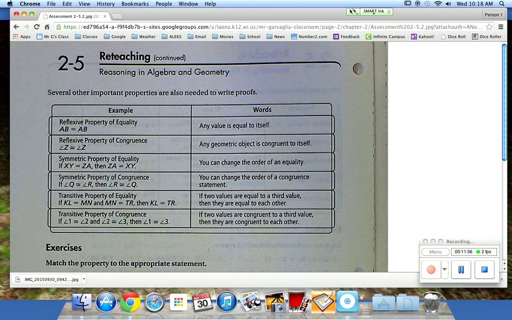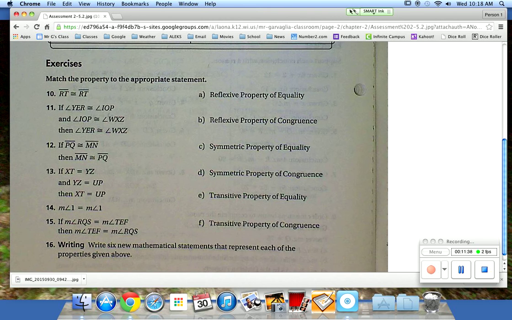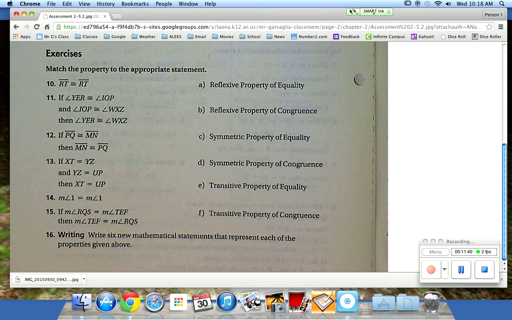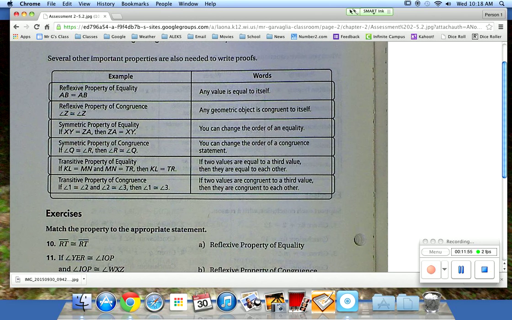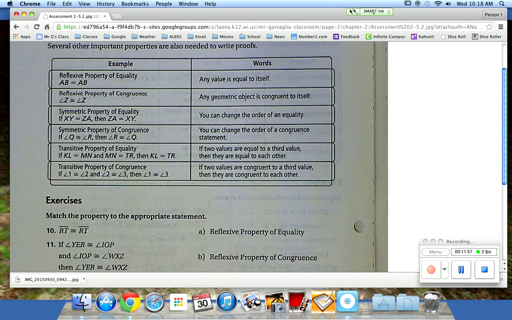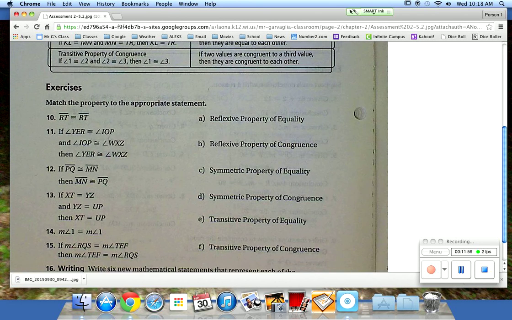All right. Here we go. So match the property to the appropriate statement. We're talking congruency here. So we look at what? Damien, what are we looking at on number 10? The line RT is congruent to the line RT.